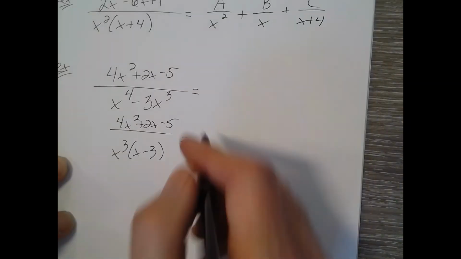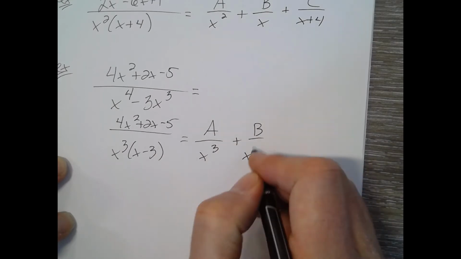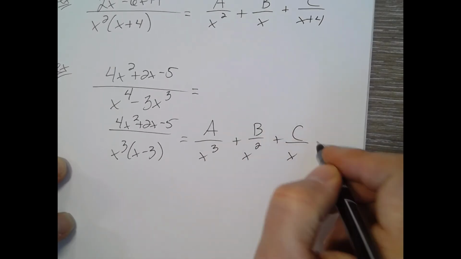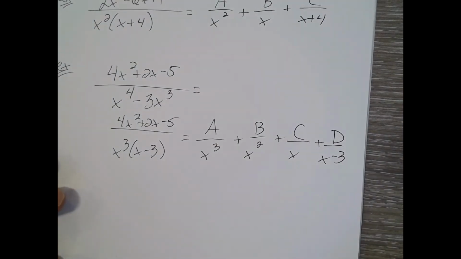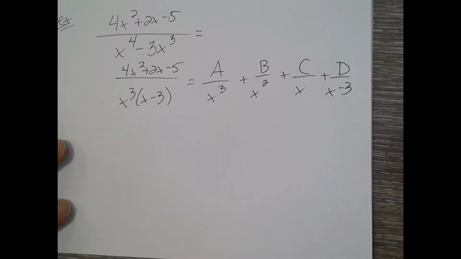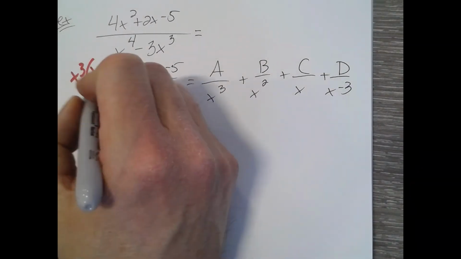So I'm going to do a over x cubed, b over x squared, c over x, and d over x minus 3. So now we have to multiply both sides by our denominator, which is x cubed times (x minus 3).